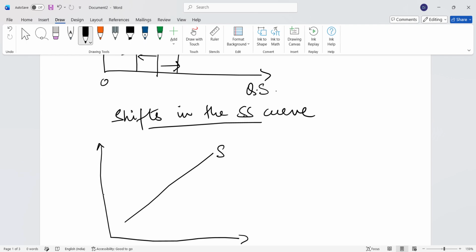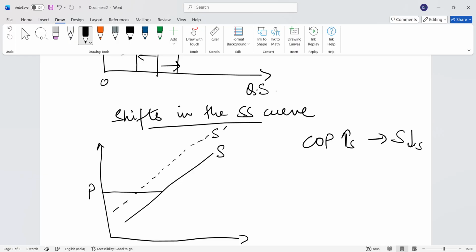At the same level of price, if the cost of production increases, then what happens to supply? The supply will decrease. With a decrease, the supply would move left, a parallel shift in the supply curve at the same price level.